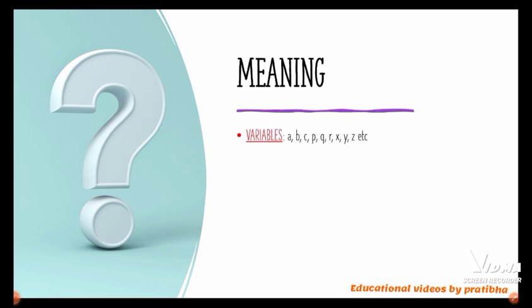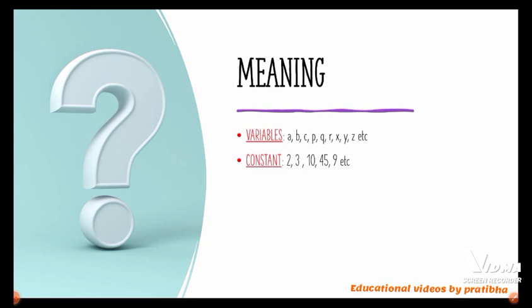Variables: any alphabet is called a variable, and these are the common alphabets that we use: A, B, C, P, Q, R, X, Y, Z. Now, if a number is written alone and is not accompanying any variable, then it is called a constant.